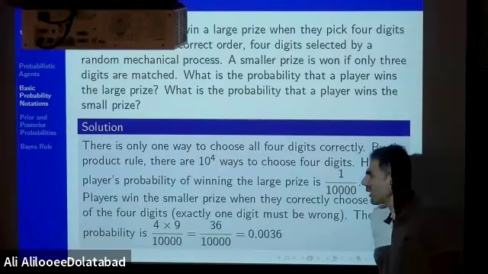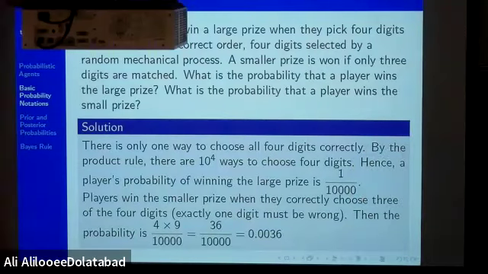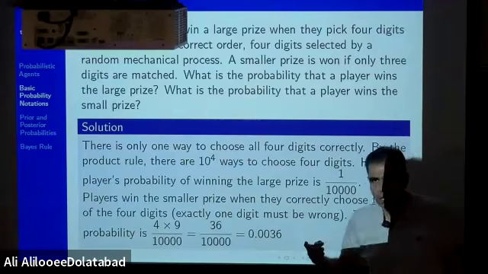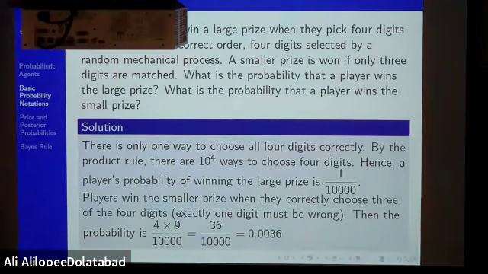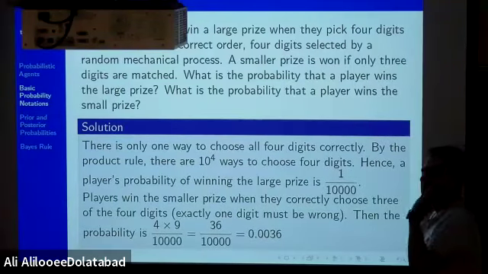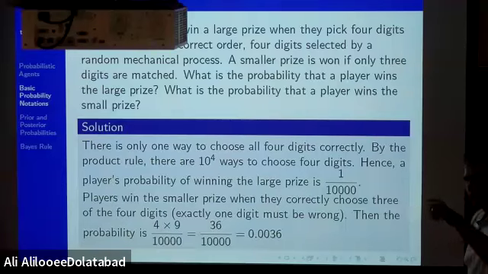But when you want to find the probability for the large price, all digits should match. Then how many cases do we have? Just one case. As you can see, we have one specific number, and for that specific number there is just one possibility. Therefore, each digit should be equal to that specific case.